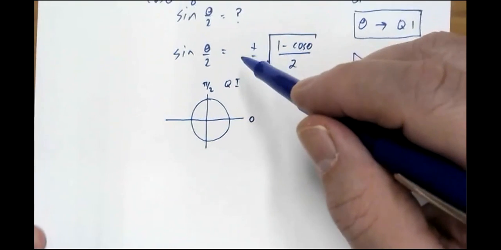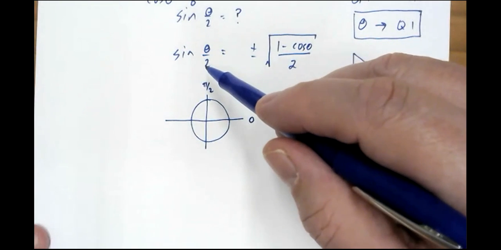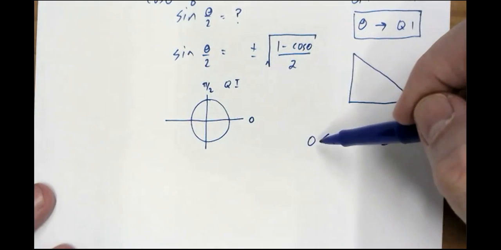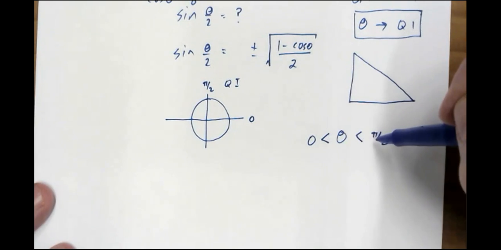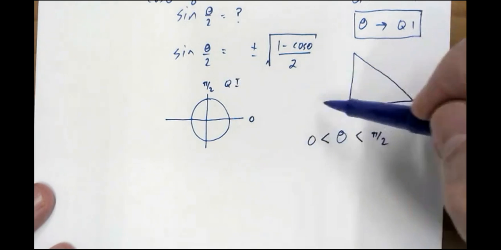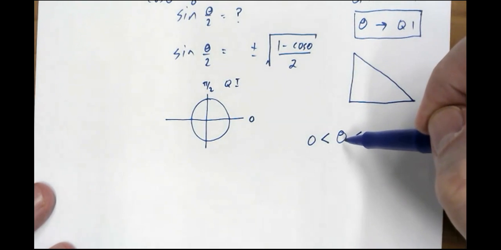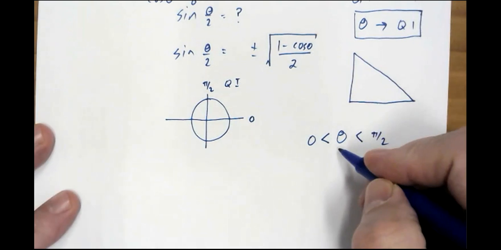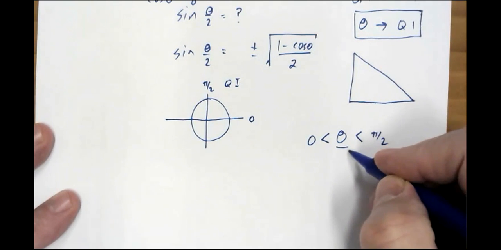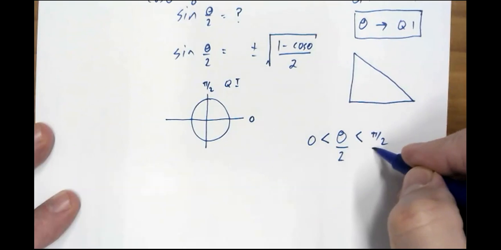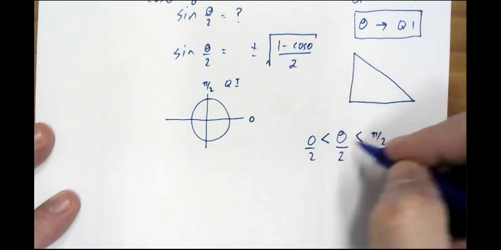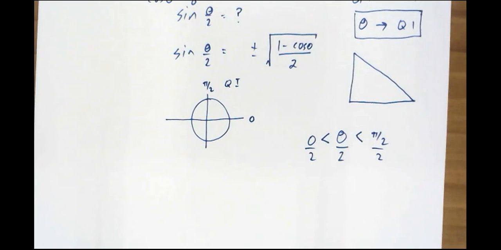However, I'm working on a problem for theta over 2, the half angle. So this is called a two-sided inequality. I'm going to convert this to an inequality for the half angle, which means, if I want to get from theta to theta over 2, I have to do the same thing to all three parts of this two-sided inequality.